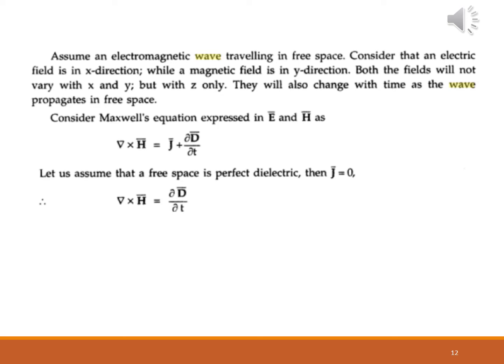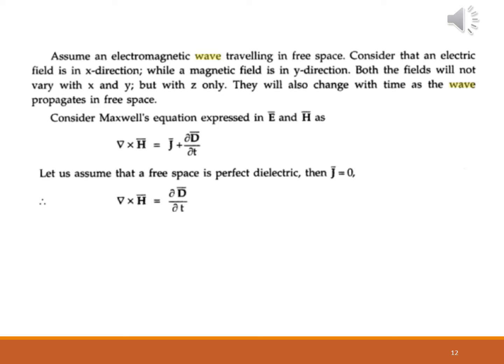That is what you mean by this sentence: both the fields will not vary with x and y, but with z only. So the change that is going to happen is dou Ex by dou z and dou Hy by dou z, because your wave is propagating in the z direction, and they will also change with time as the wave propagates in free space. That means for a wave equation, there is a relation between rate of change in space and rate of change in time.